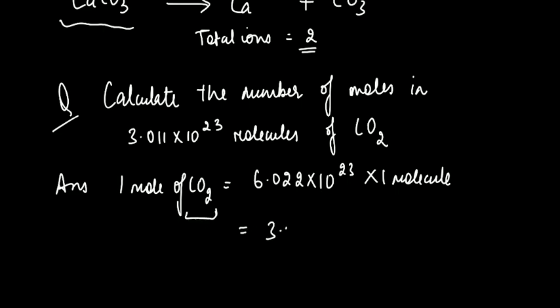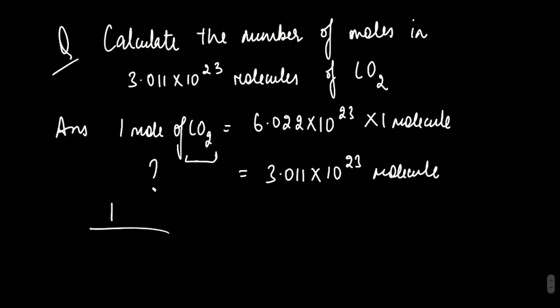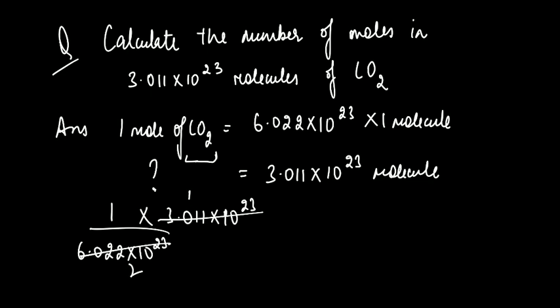So they're asking 3.011 into 10 to the power 23 molecules will be equal to how many moles of carbon dioxide. So we can take 1 divided by 6.022 into 10 to the power 23 into 3.011 into 10 to the power 23. This is approximately 1, this is 2, so half or 0.5 mole.